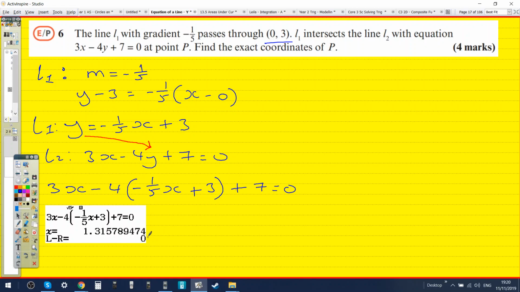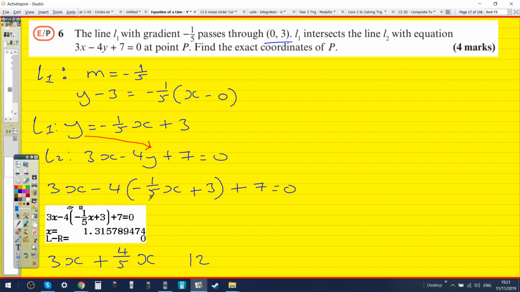So do I need to just do minus 4 times that bracket? Yeah. So 3x, and then it'll be plus 4 over 5x plus 12 plus 7 equals 0.